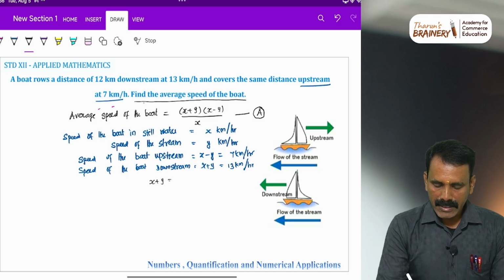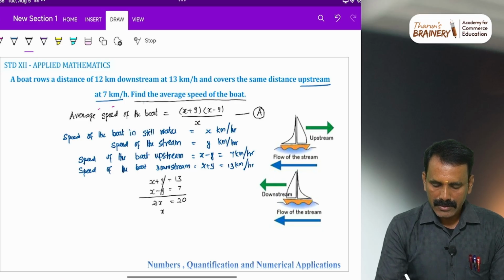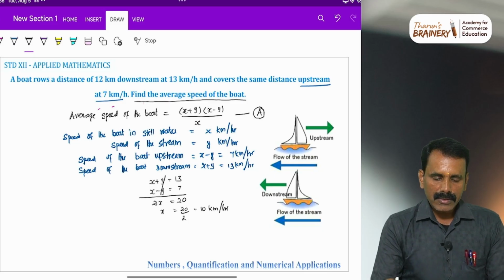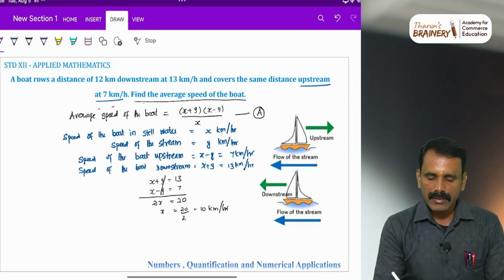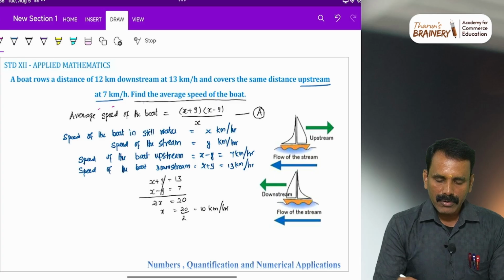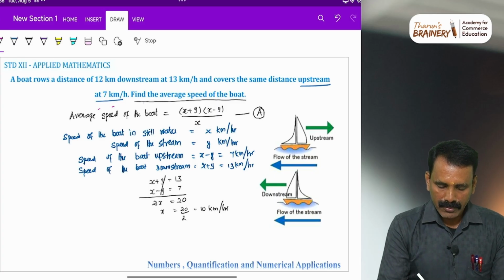x plus y is equal to 13. x minus y is equal to 7. So we add: 2x is equal to 20. So x is equal to 20 divided by 2, which is nothing but 10 kilometer per hour. So the values which are required to substitute in the formula are derived. So we are going to find the average speed of the boat.